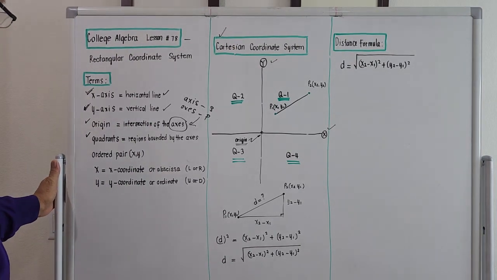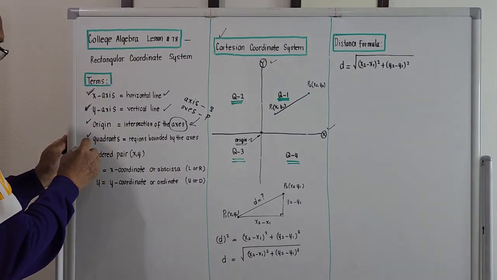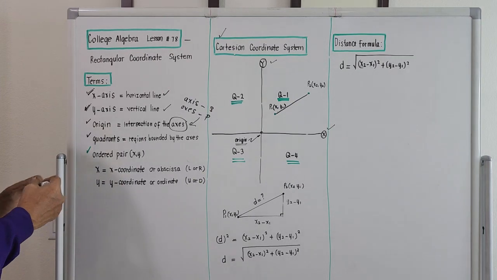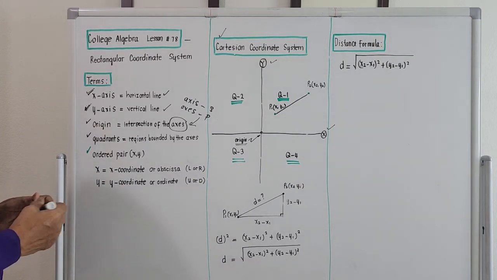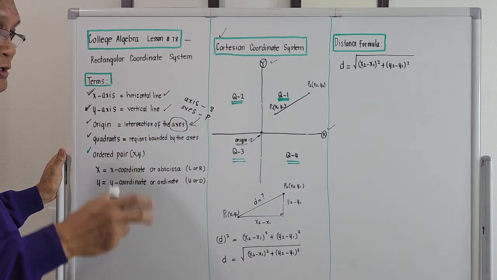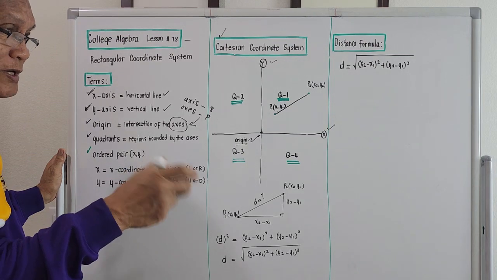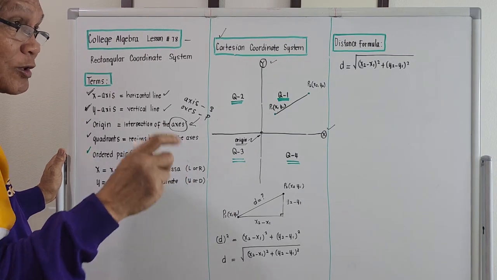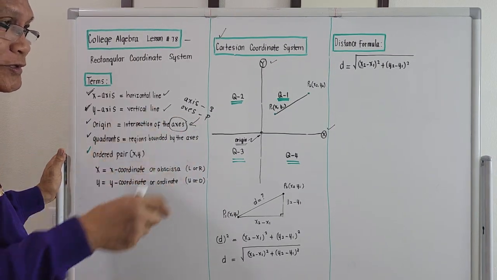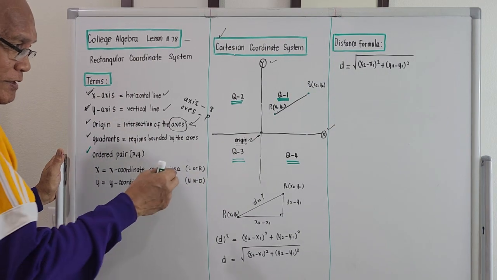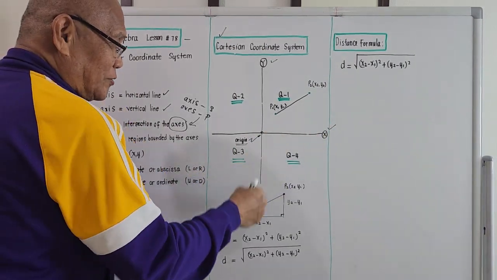Okay, what's next? Ordered pair. To designate a point on the Cartesian coordinate system, we must bring out the so-called coordinates. It's either the x coordinate or the y coordinate.